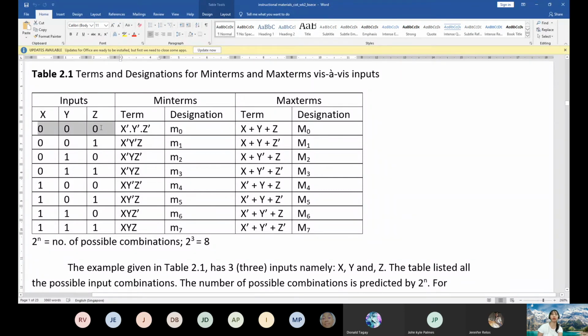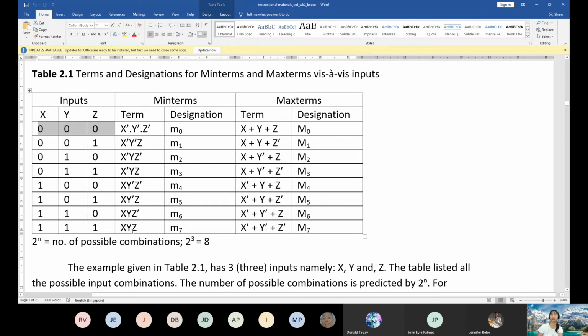Such that here, if you have 0, 0, 0, we have x prime, y prime, z prime; 0, 0, 1 is x prime, y prime, z; 0, 1, 0 is x prime, y, z prime; 0, 1, 1 is x prime, y, z; 100 is x, y prime, z prime; 101 is x, y prime, z; 110 is x, y, z prime; and 111 is x, y, z.